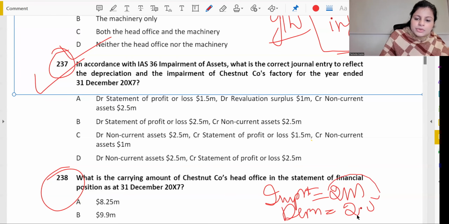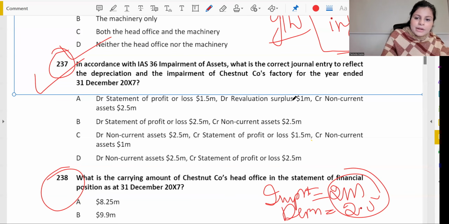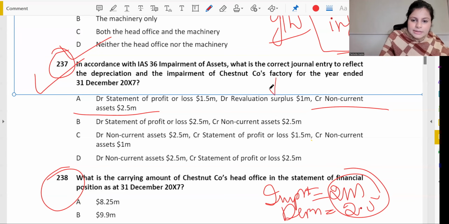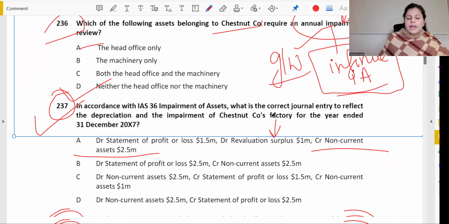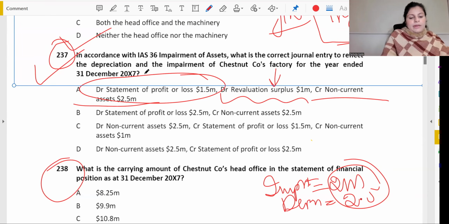So both of these need to be accounted for. So I will credit my non-current asset by 2.5. I just have 1 million surplus, so I will remove this surplus and the balancing will go via P&L. Are we clear? Our answer is option A.